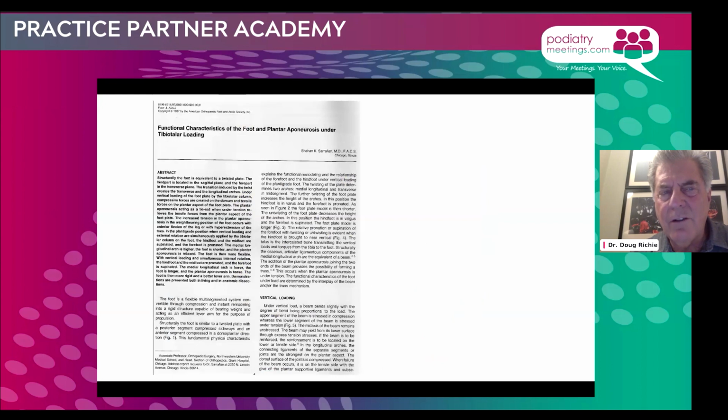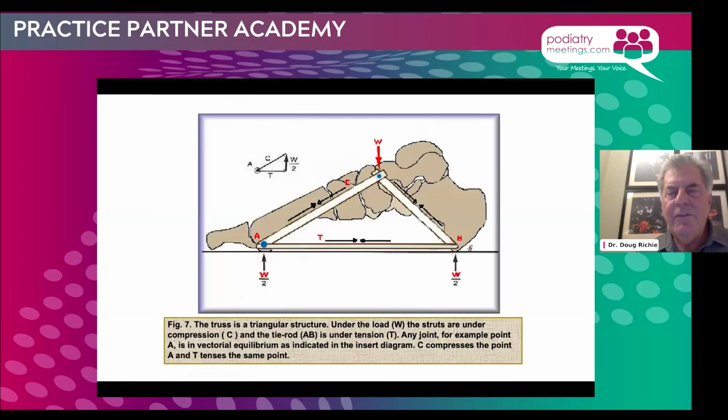He concisely described this in another article in Foot and Ankle called Functional Characteristics of the Foot and Plantar Aponeurosis under Tibiotalar Loading. He was interested in describing how we tension and relieve tension of the plantar fascia during mid-stance and push-off.